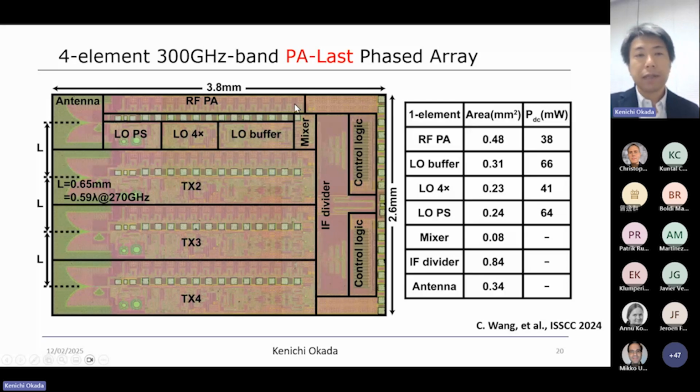This is actually the first time to integrate a 300 gigahertz power amplifier with antenna and phased array components like phase shifters. In this design, the phase shifting architecture is applied, and 4 elements are integrated in the same chip. Power consumption is actually not that large, about 150 or something could be realized in this design.